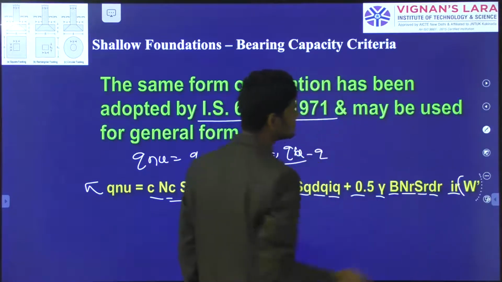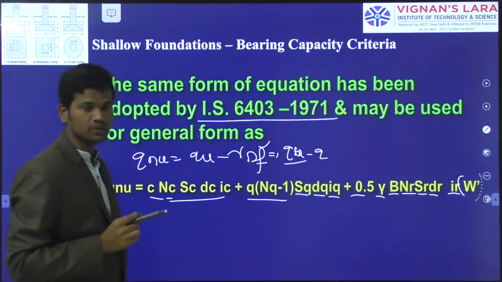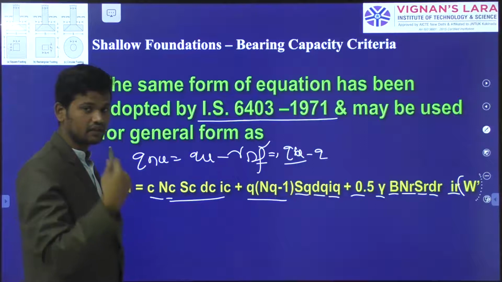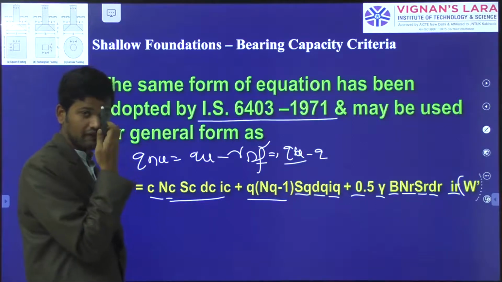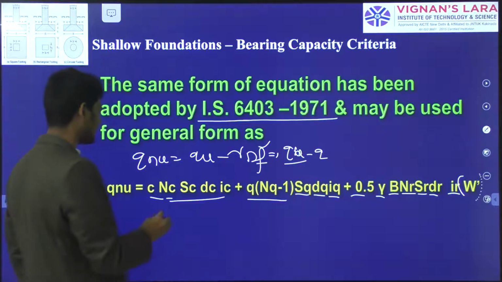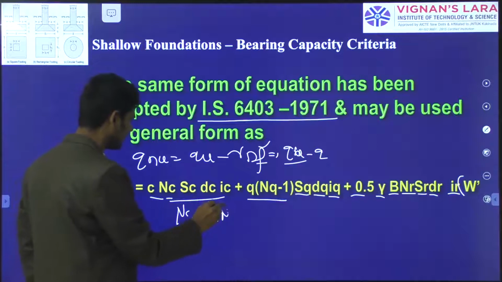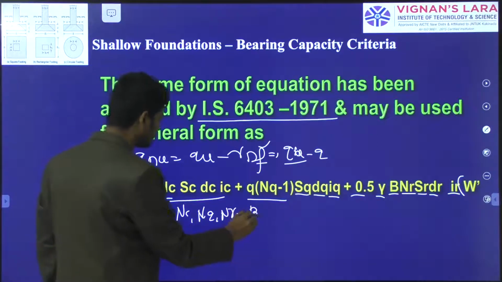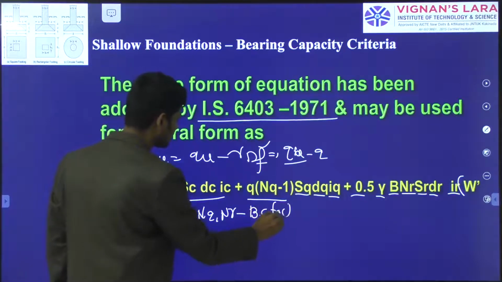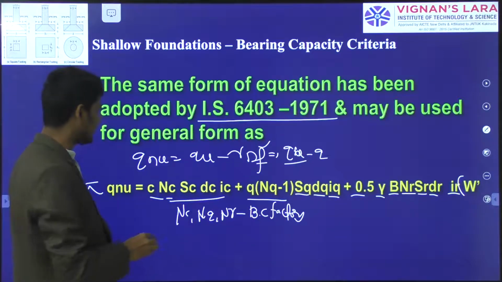In some conditions, if the water table is available, the water table effect is also taken into account. Based on the depth at which the water table is available, we calculate the ultimate bearing capacity. Here Nc, Nq and N gamma are the bearing capacity factors.